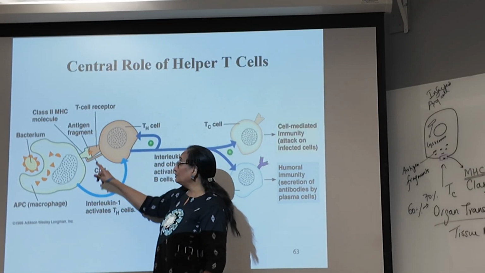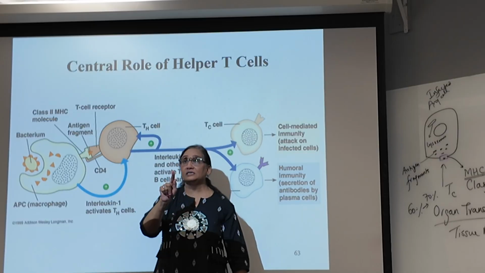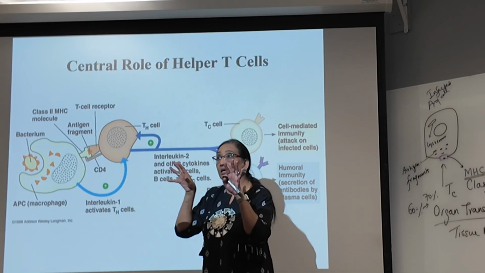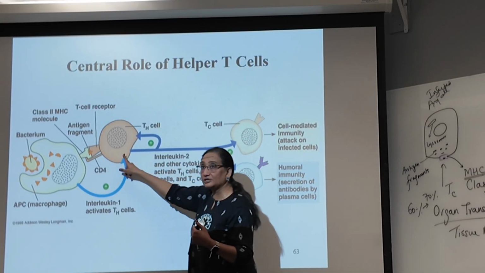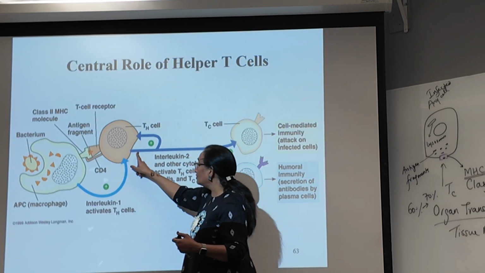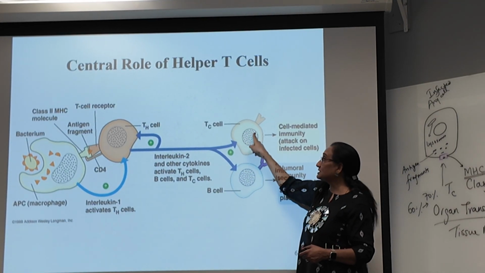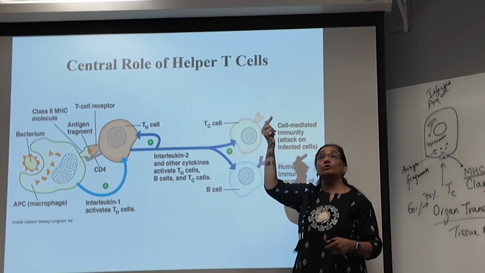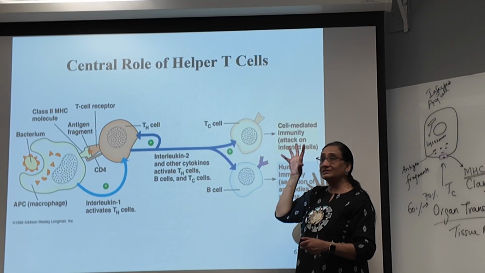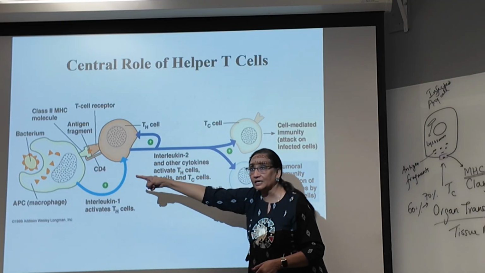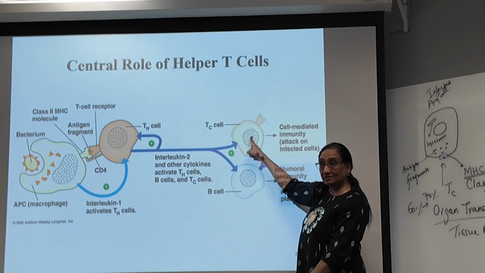On the contrary, once it recognizes the antigen, it is going to release chemicals. It's going to release cytokines, which are going to activate the specific type of cytotoxic T cell which can go around and recognize any cell that is infected with the same pathogen and destroy it.